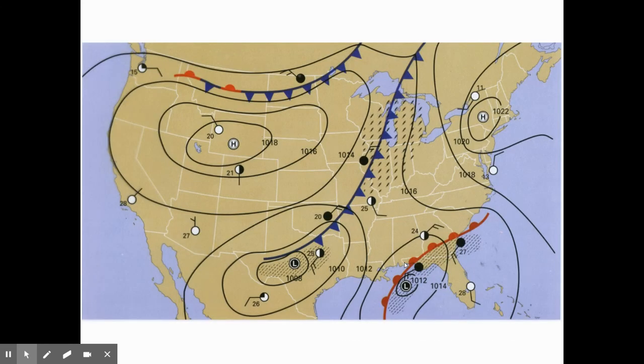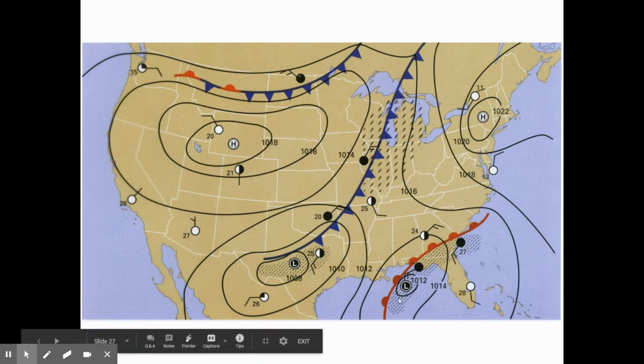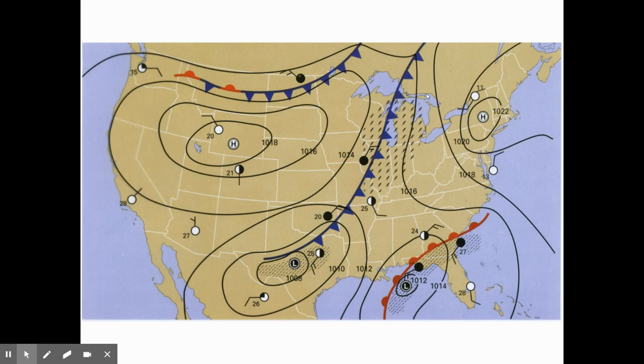Okay, we have a map here. What's this map showing? We have a stationary front, cold front, another cold front, a warm front. You have precipitation, right? Your low pressure centers, which indicate that there will be precipitation. High pressure centers, fair weather. All of your station models indicate the direction of the wind.